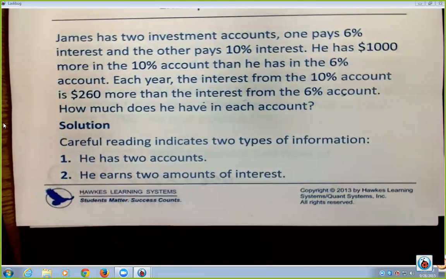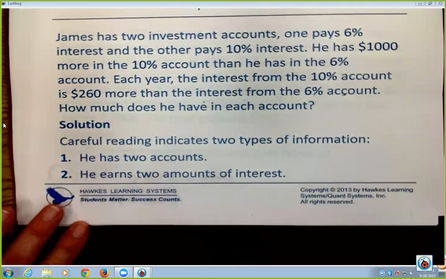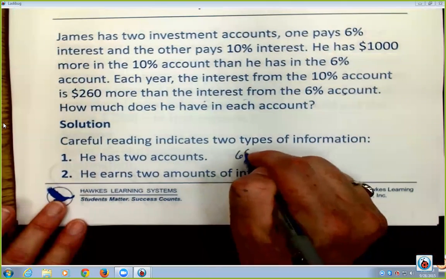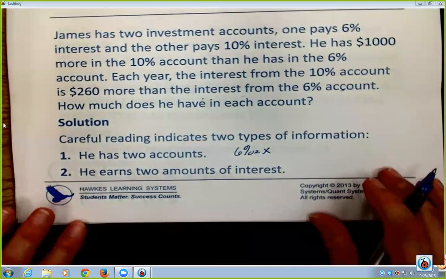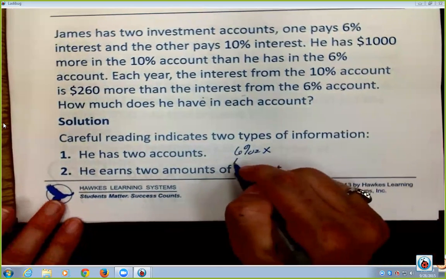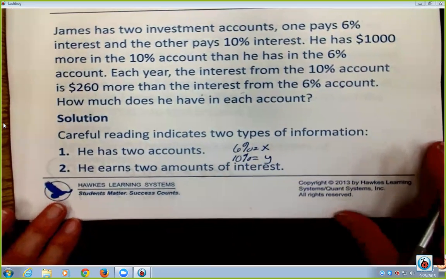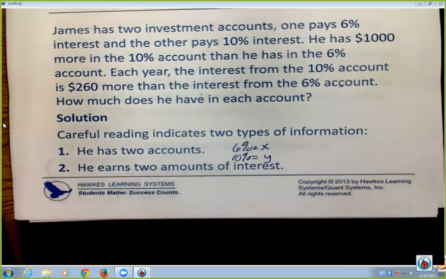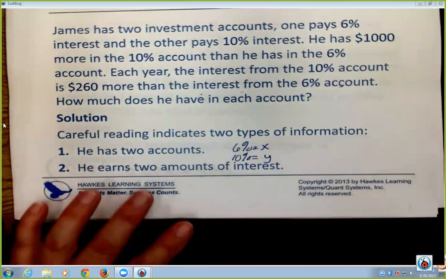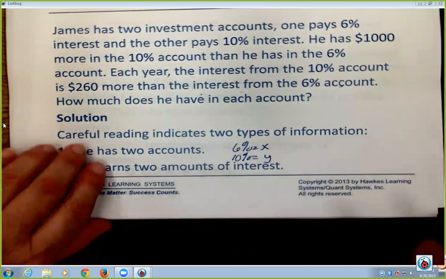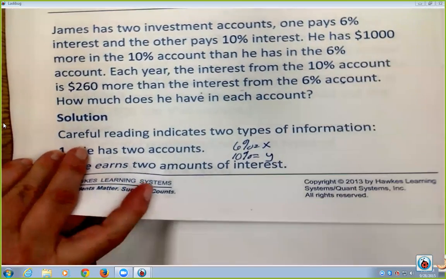So now we need to know that he has 2 accounts. So he has a 6%. We're going to label that X. And he has a 10% account. And we're going to label that one Y. And so what do we gather from our information up here? So if we go to a chart, let me get my sheet of paper here.